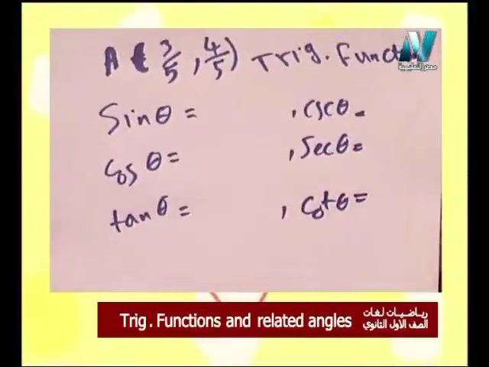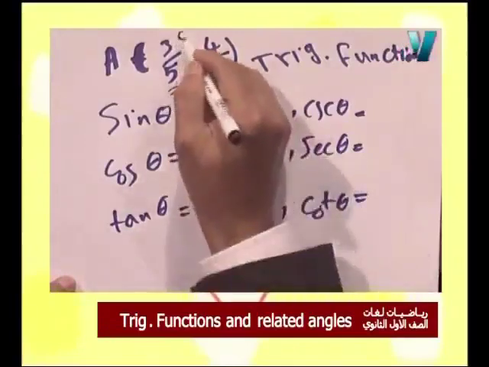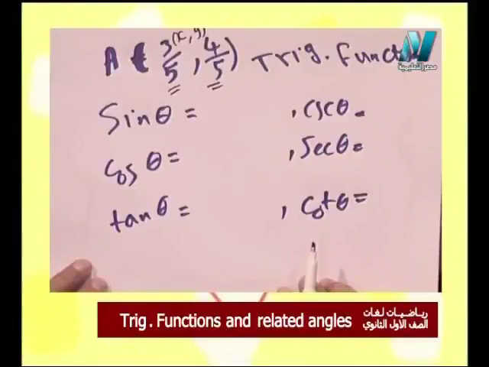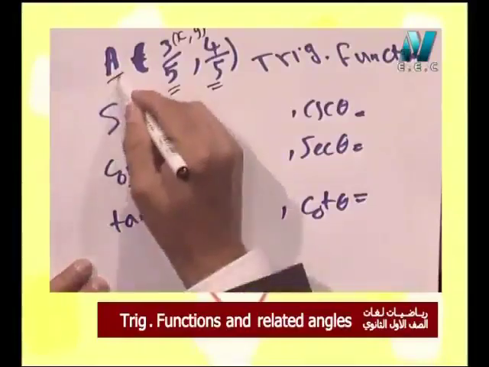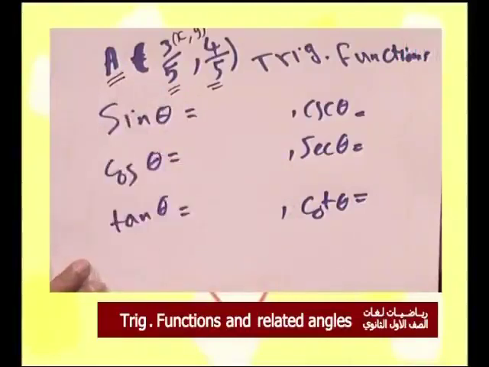Look carefully here. We agreed that this is x and this is y as the coordinates. This is a point on the unit circle. He must tell you that A is a point on the unit circle.